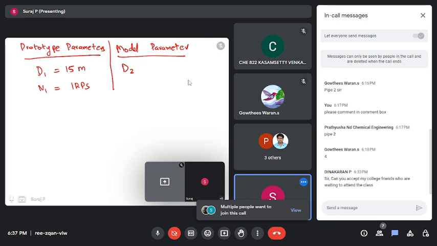For books, you can refer to Transport Phenomena. Moreover, McCabe and Smith also you can refer.